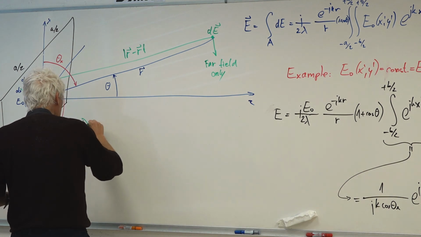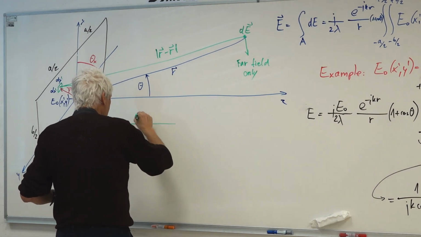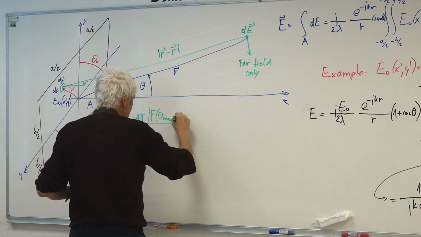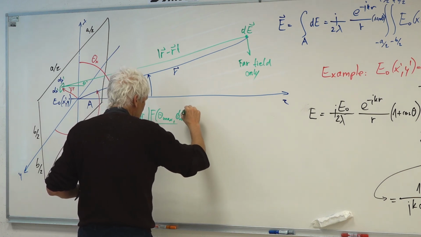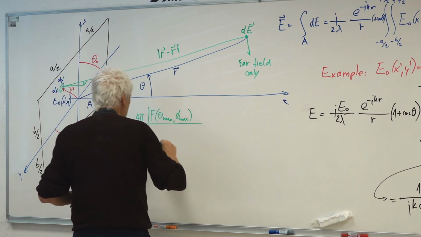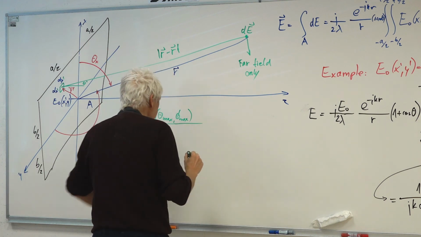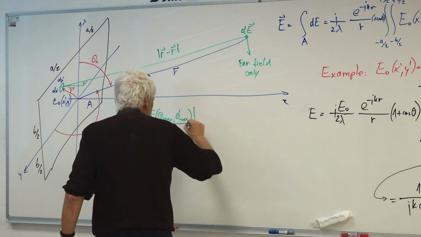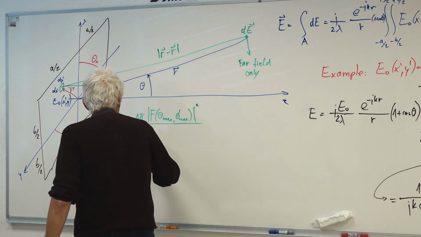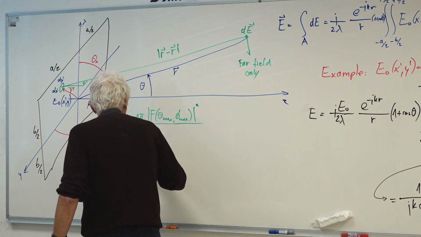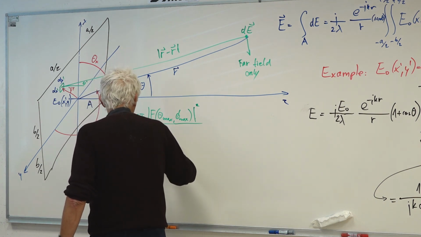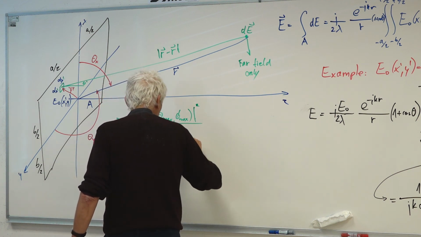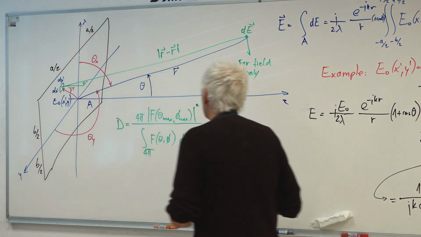So directivity is now 4 pi f of theta maximum, phi maximum, squared, of course, divided by the integral over the whole 4 pi solid angle of f of theta and phi, d omega, d solid angle.